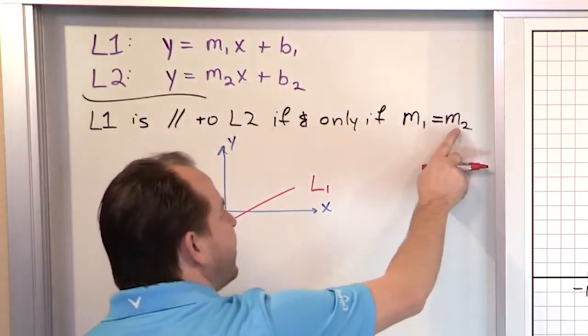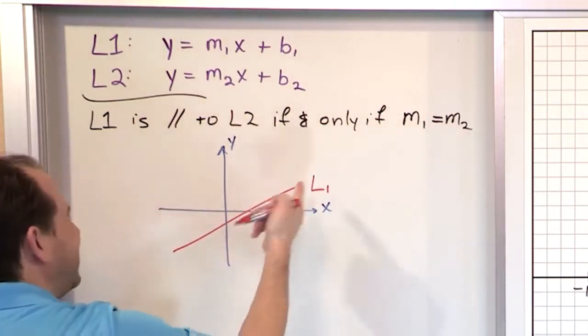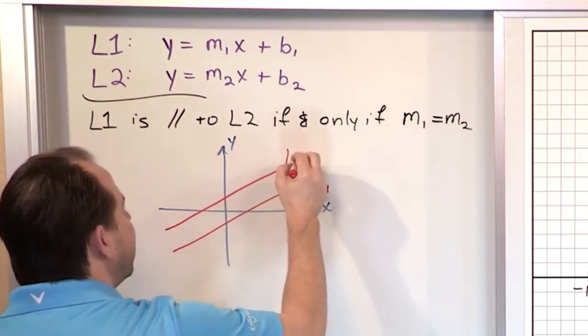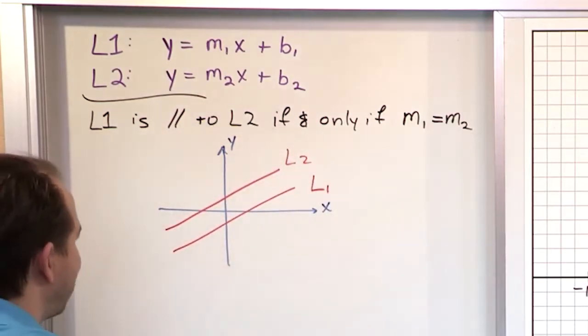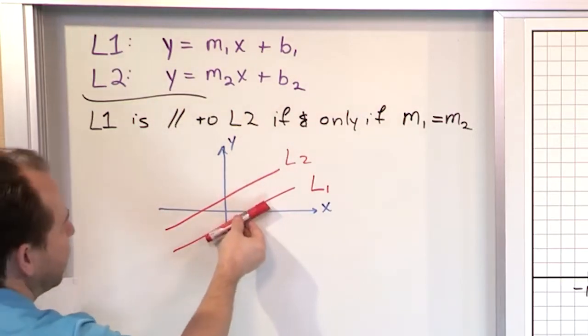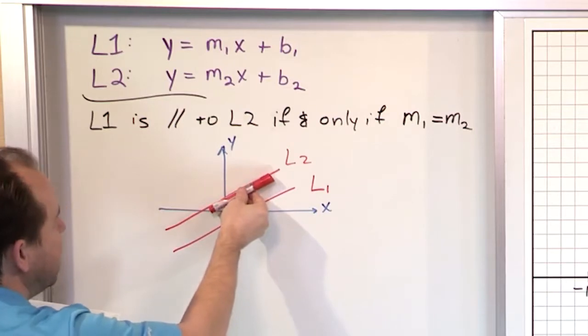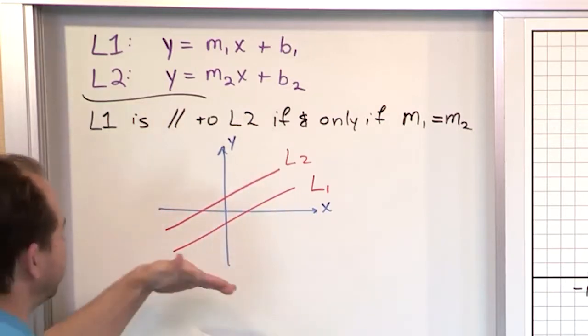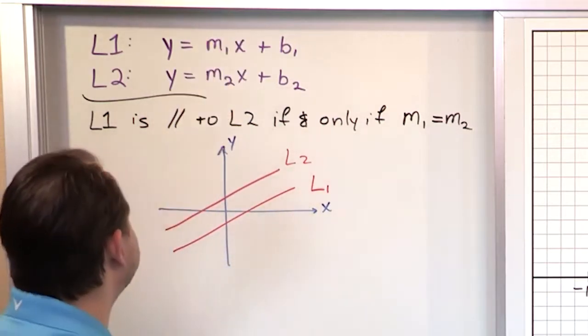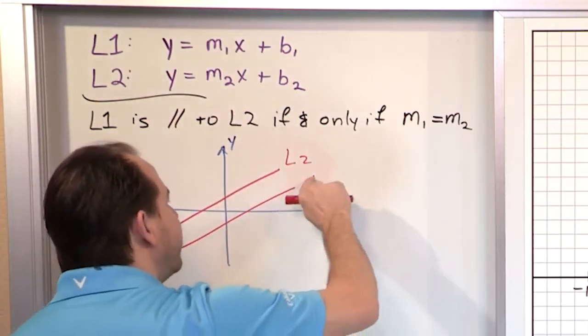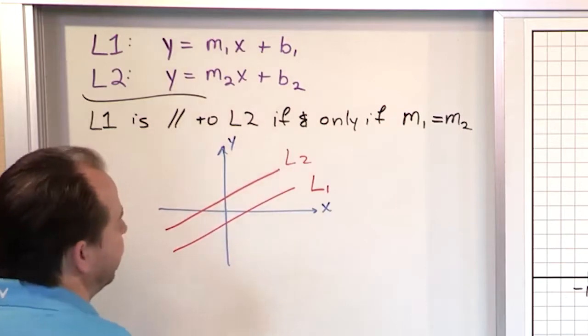But if the slope of a second line called M2 is exactly the same as the slope of the first line, then that just means that the lines will never intersect, because what is slope? It's rise over run. So if the rise over run of this line is exactly the same as the rise over run of this line, then that means that they're tilted in the same way and they go up in the same direction, but they will never ever cross, because no matter how far you go out, the slope of this line is exactly the same as the slope of this one.